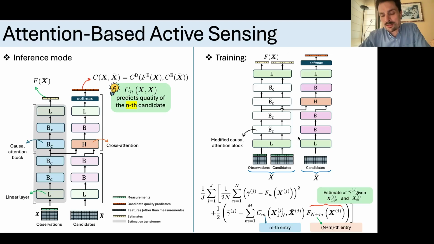And then we design a loss function where the elements of this vector are regarded as attention coefficients over these estimates here. So I don't really want to spend time here. The details can be found in the paper.